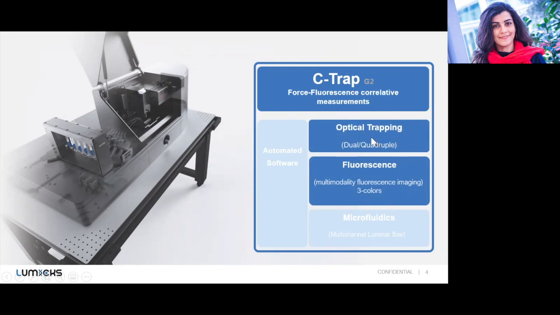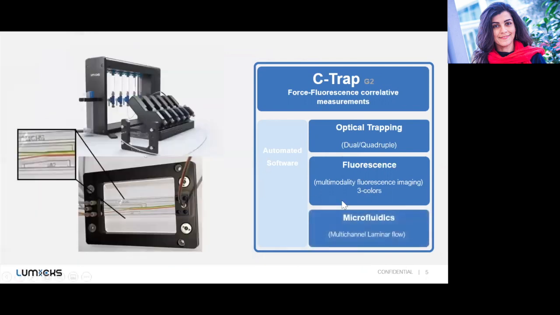So at the same time that you can apply force and measure forces of biomolecules, you can also fluorescently label them and look at those processes. And this system also has a microfluidics system with a flow chamber that works with laminar flow. And this makes even very complex assays very easy to assemble.